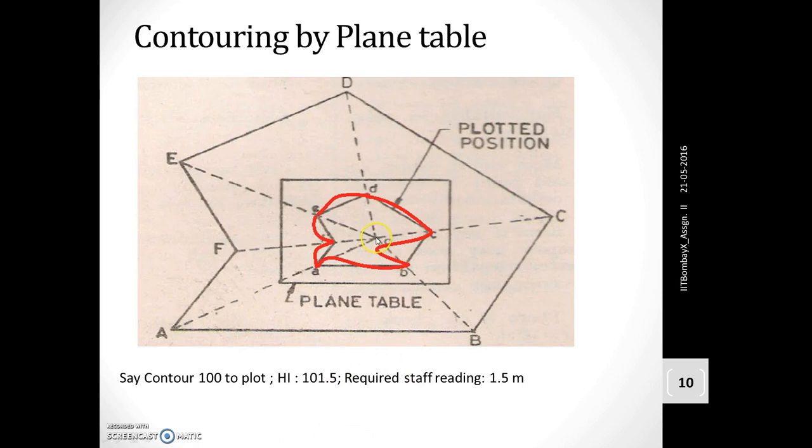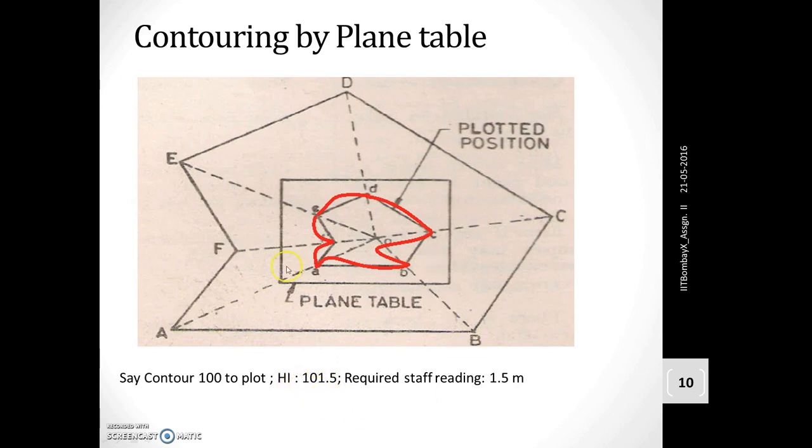Let's presume that this is the position where we have set our plane table and we wish to develop a contour having reduced level 100 meters. Let's presume that the line of sight of the telescopic alidade mounted on the plane table has a height of instrument, or HI, of 101.5.